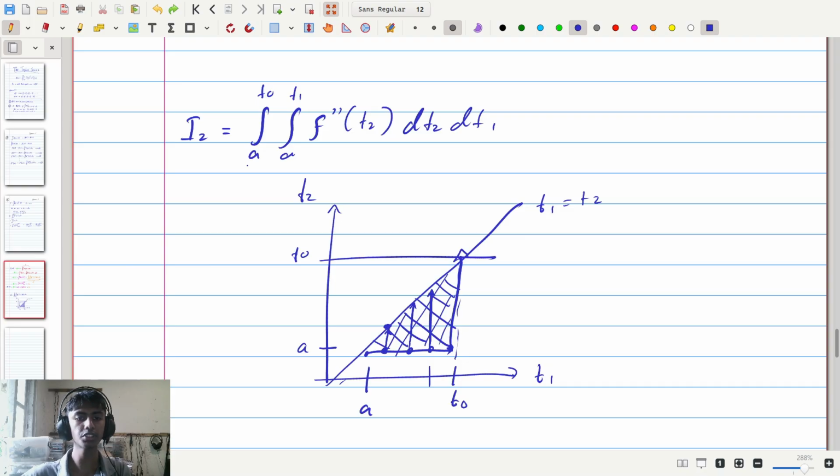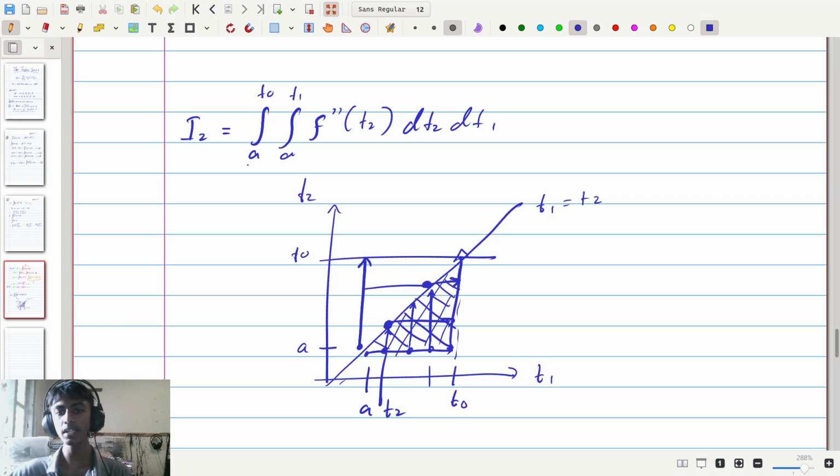We could change t2 from a up to t0, and then while doing that, the corresponding values of t1 would be going from this line here, t1 equals t2, to the right here. We can see that would give us the equivalent sum. Here, for any value of t2, we stop and then we go from that corresponding value of t2 up to t0.